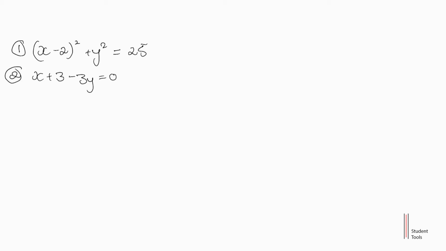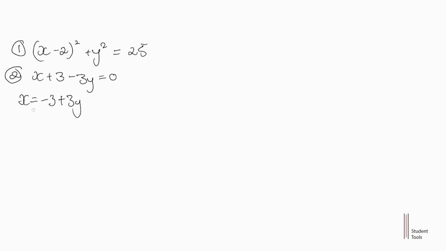We will manipulate equation 2 so that it will be easy for us to substitute. Let us make x the subject of the formula in equation 2. So x will be equal to −3 + 3y, because it's negative on the left hand side, so when we take it to the right hand side, it will be plus 3y. So x is equal to −3 + 3y.